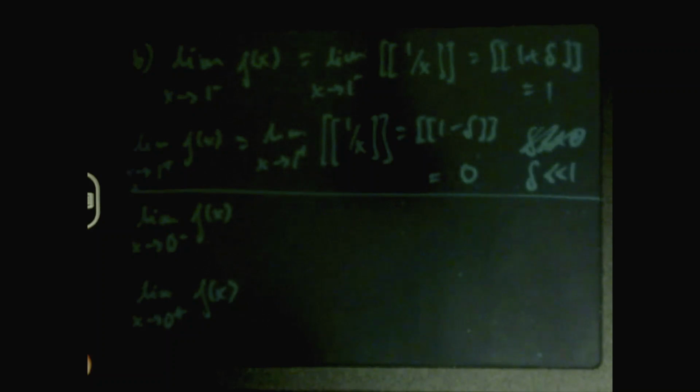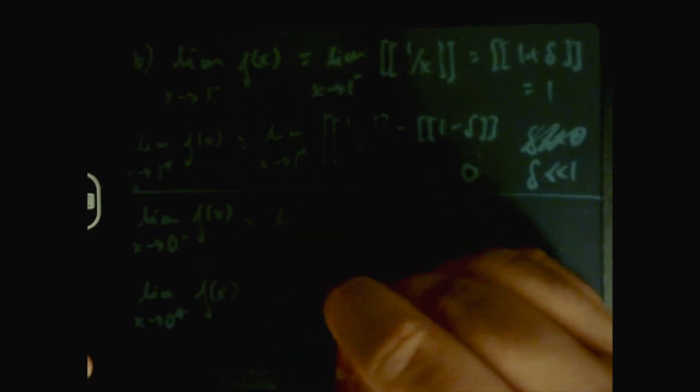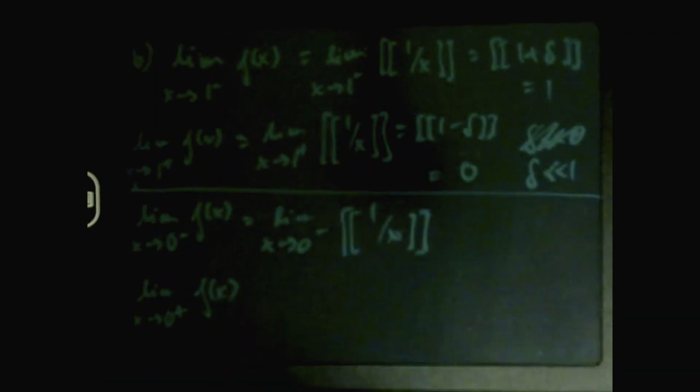Okay, so let's look at 0. We have the limit as x goes to 0 from the negative direction of 1 over x. What is it going to be? Well, actually, if you look at it right away, it's just undefined, because you're still dividing by 0.